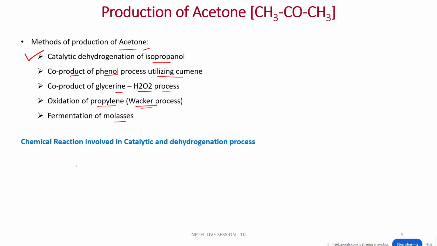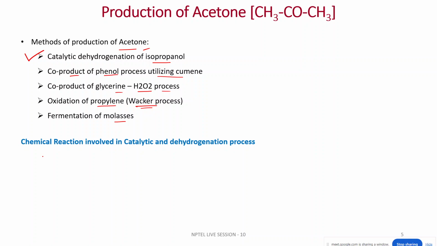So now, what are the very basic chemical reactions involved in the catalytic dehydrogenation process to produce acetone? Just now we have discussed the isopropanol production.